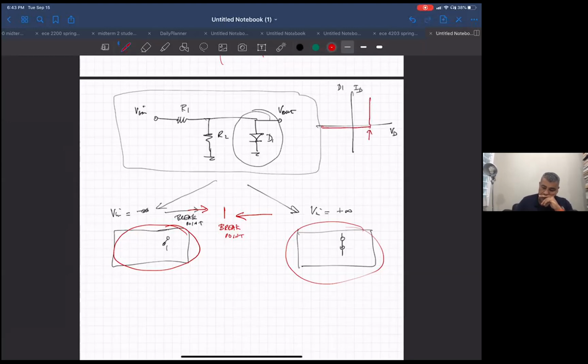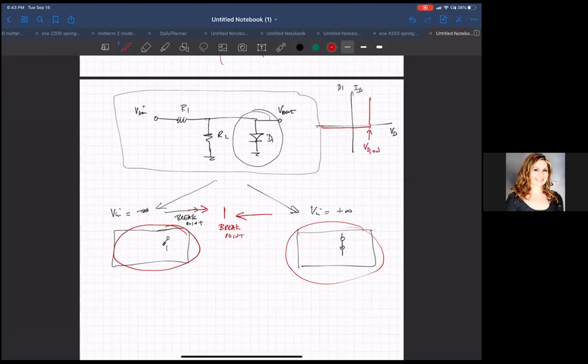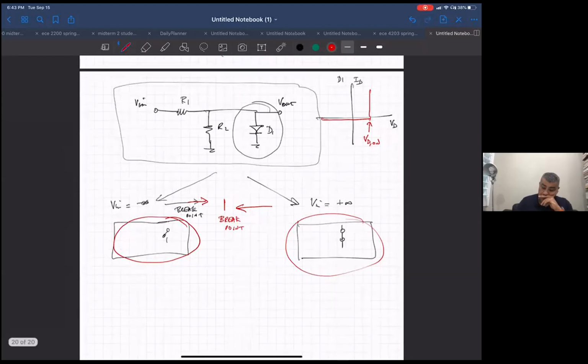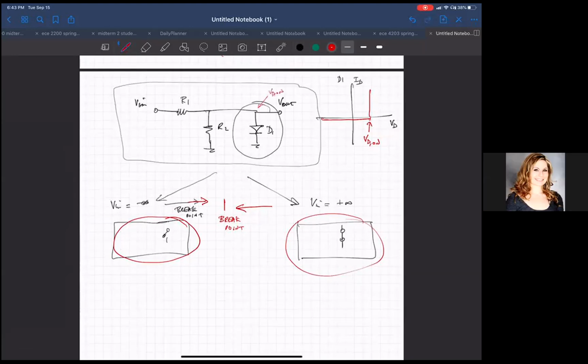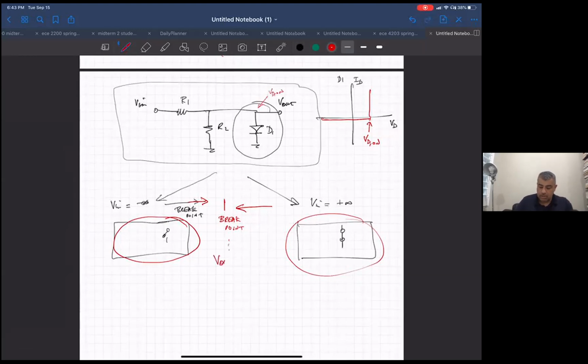Right at that point is our breakpoint, and that's at VD on. I think I'm starting to understand now. Okay, so that's V out equal to VD on at the breakpoint.